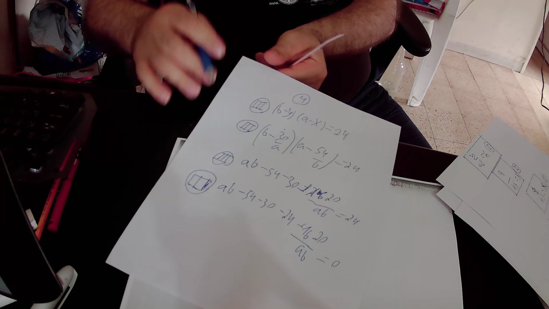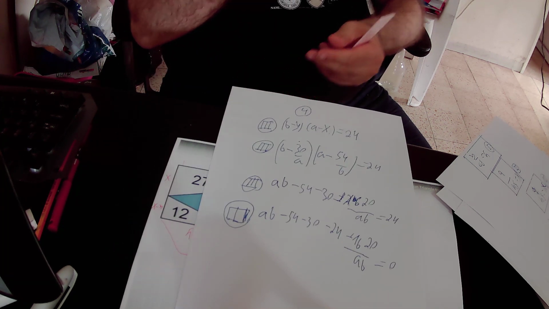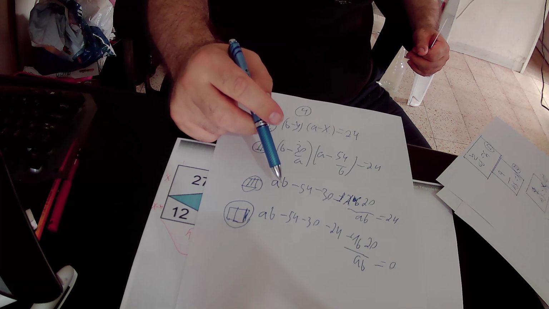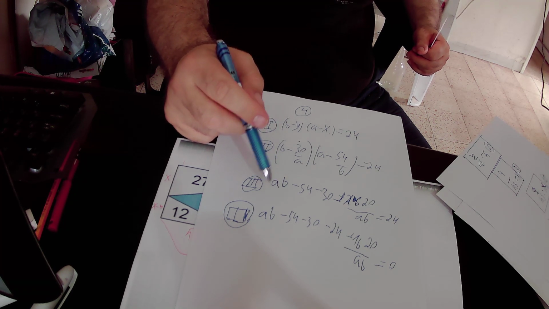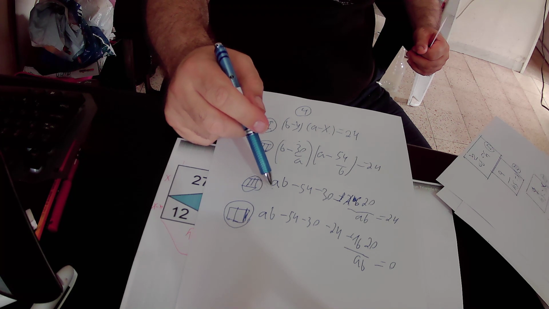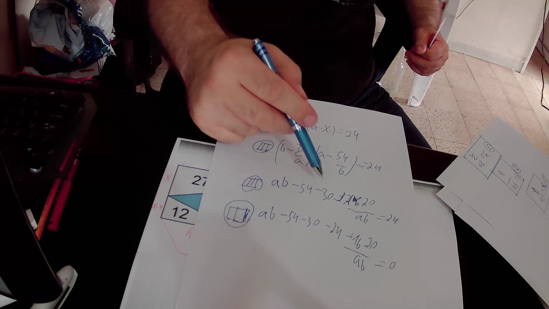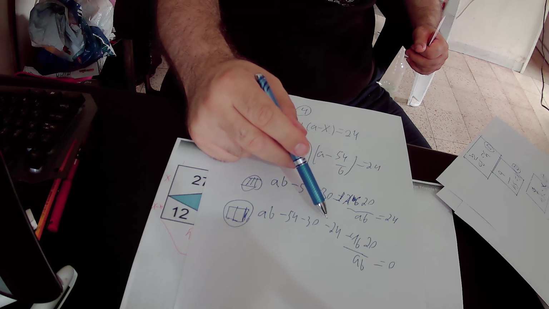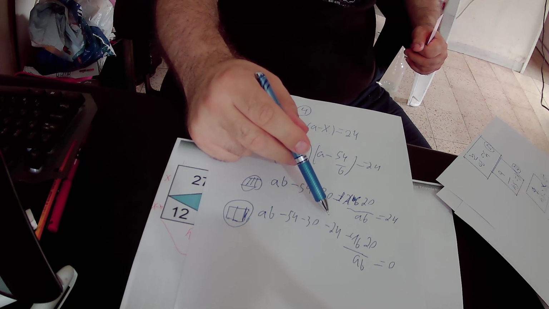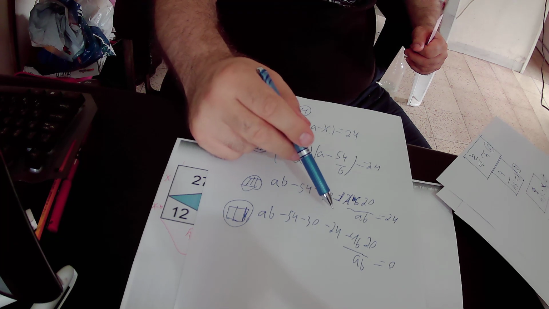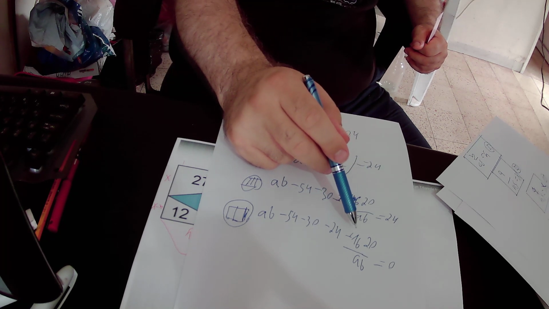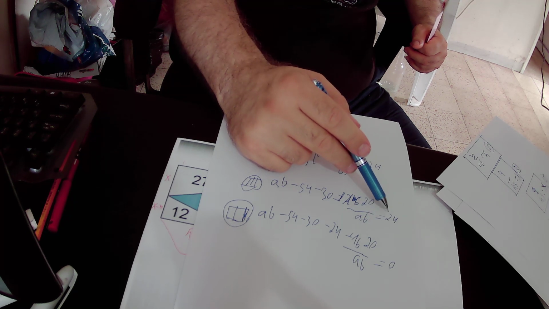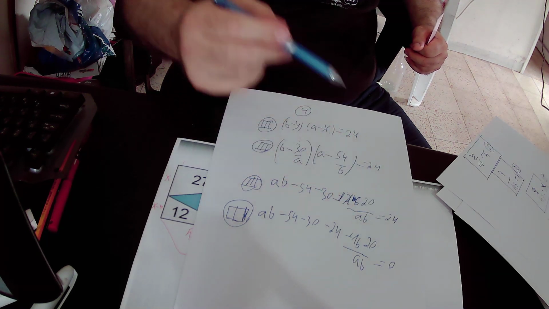Okay, we subtracted 24 from both sides of the equation. We got that AB minus 54 minus 30 minus 24, because we subtracted 24, plus 1620 over AB equals 24 minus 24 equals 0.